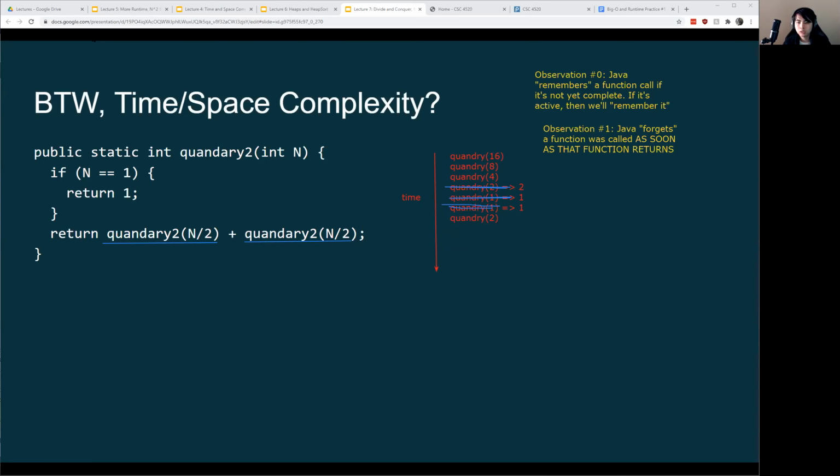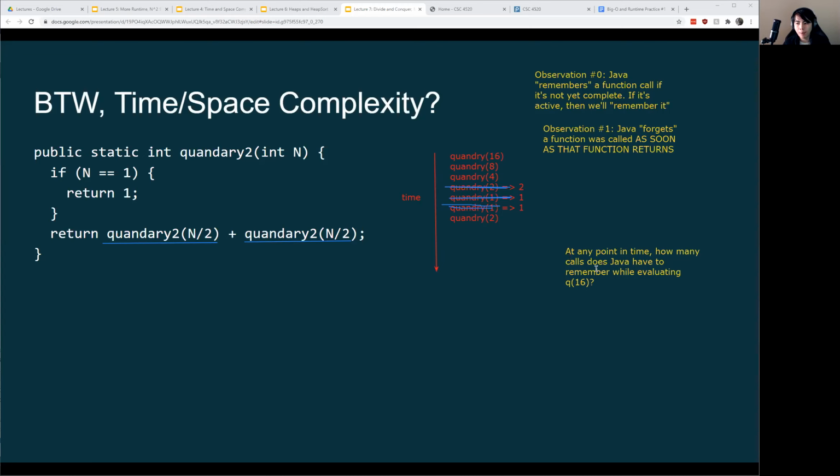Right? Here's the question. At any point in time, how many calls does Java have to remember while evaluating quandary of 16? I'll give you 20 seconds. Think about this for yourself.